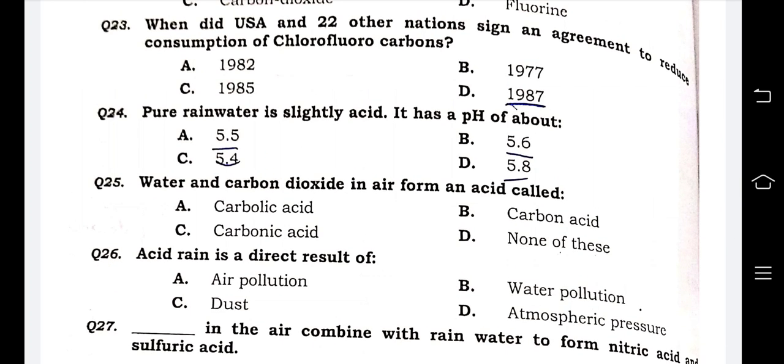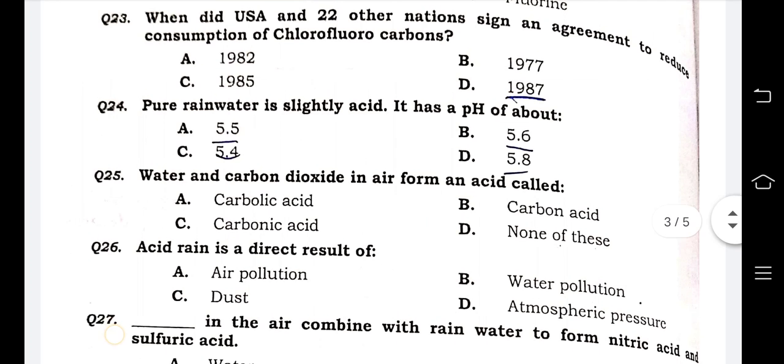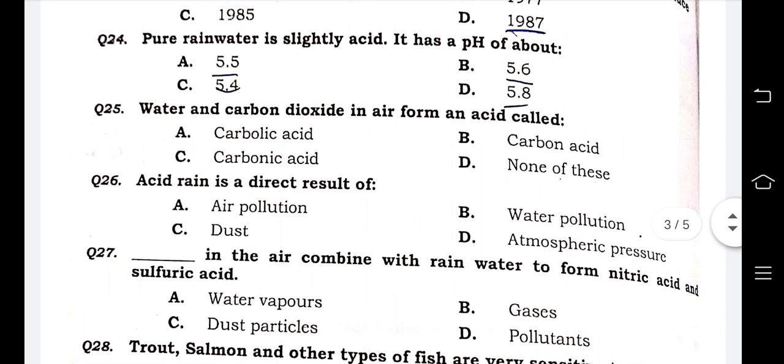Acid rain is a direct result of option A air pollution, option B water pollution, option C dust, option D atmospheric pressure. So actually acid rain is a direct result of air pollution, option A. Dash in the air combine with rainwater to form nitric acid and sulfuric acid.